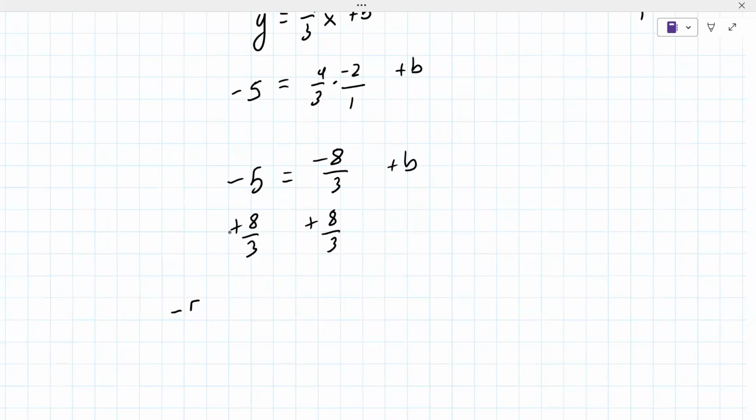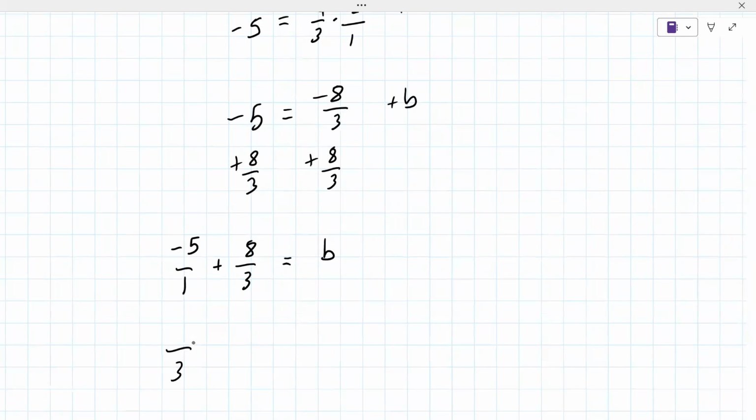So you have -5/1 plus 8/3 equals b. You really want a common denominator here between these. So make it 3. And then when you're adding fractions, you add the tops and keep the bottoms. You end up getting -7/3 equals b.